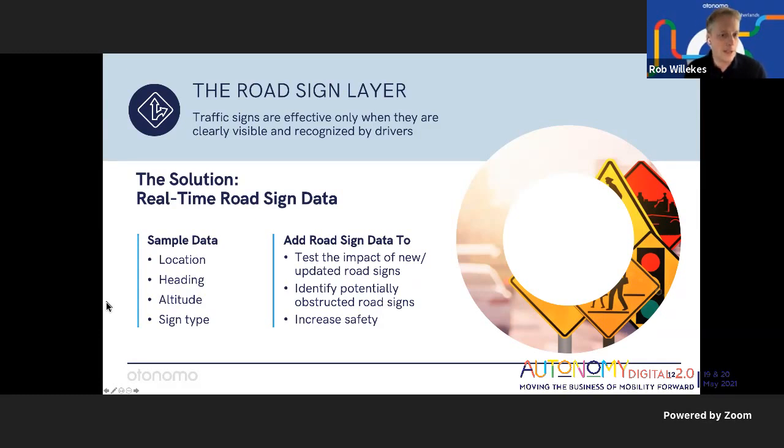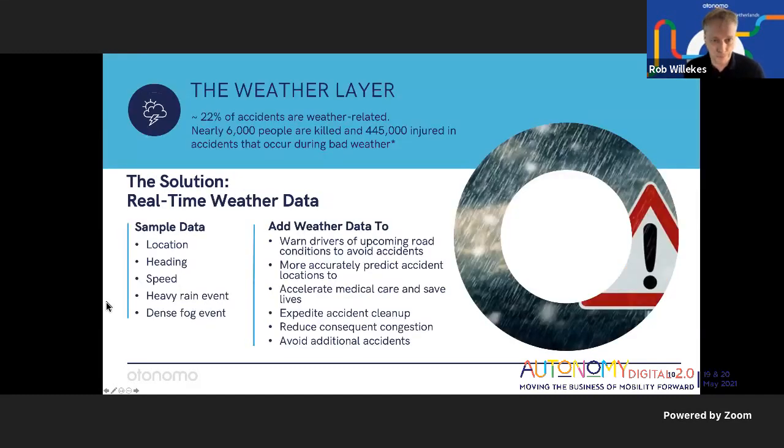Instead of having a car with a 360 degrees camera on top of the roof, you now can have access to data which is being harvested from millions of cars, giving the exact position of signs and giving almost real-time information about where signs are and how they change. So that increases the quality of the map and it increases the safety of the user.